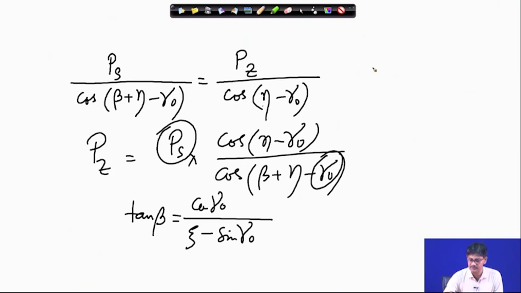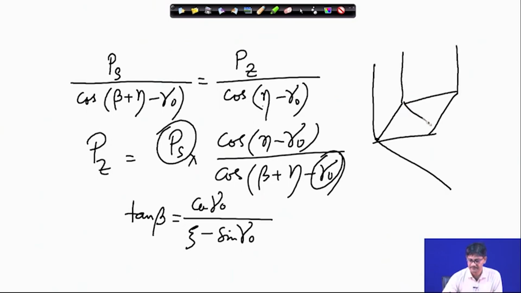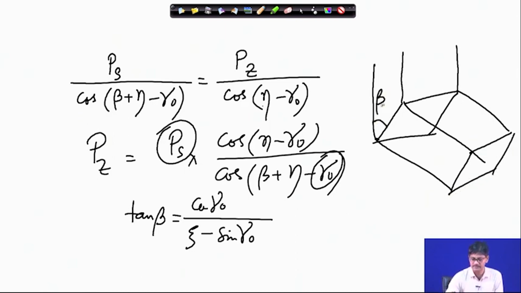So for that, if you notice, the chip is coming out this way. This is the chip coming out. What is this angle, for example? This is beta.